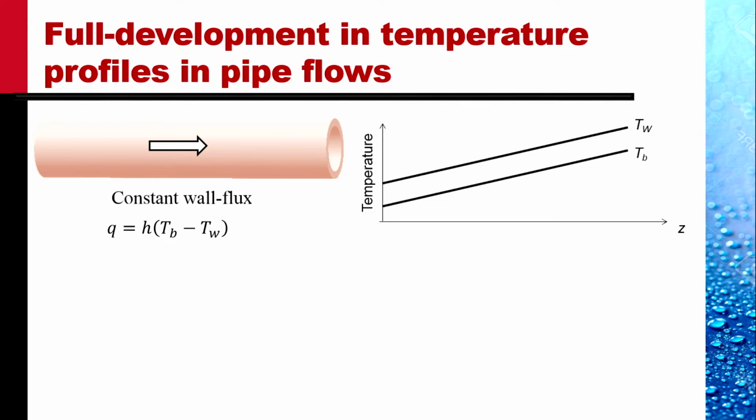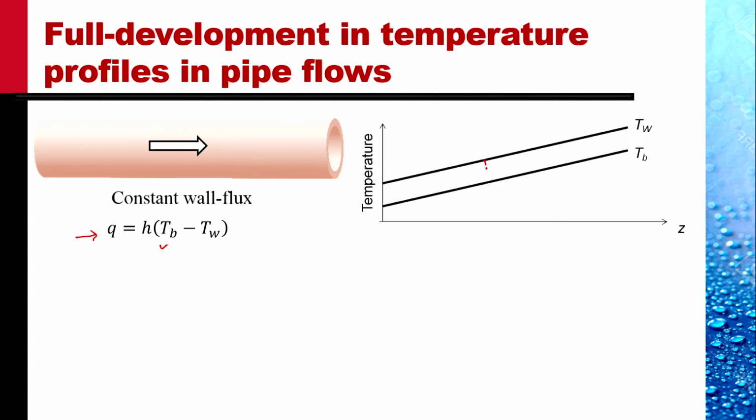Heat flux is constant, so the rate of increase of the bulk temperature must be constant. And from this equation we get, if Tb is increasing at a constant rate, Tb minus Tw should also be constant, and because of this then Tw must also be increasing at a constant rate.